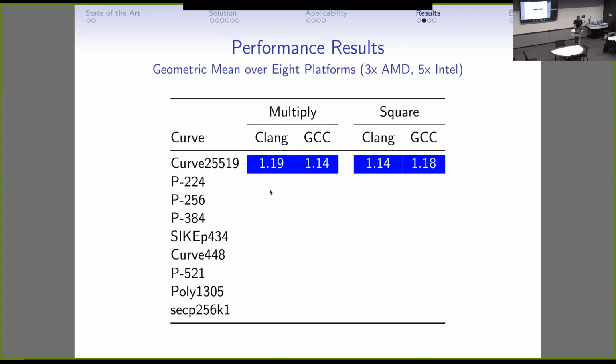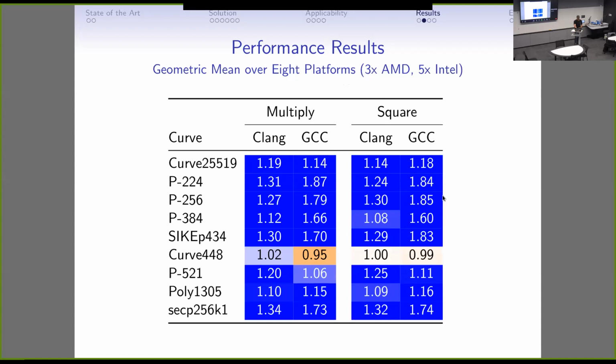If we look at one of these comparisons, these numbers represent geometric means over 8 particular platforms, out of which 3 were AMD platforms and 5 were Intel's. And a 1.19 means that our code, on average, is 19% faster than what Clang would have produced. And for GCC, we are 14% faster, and so on.